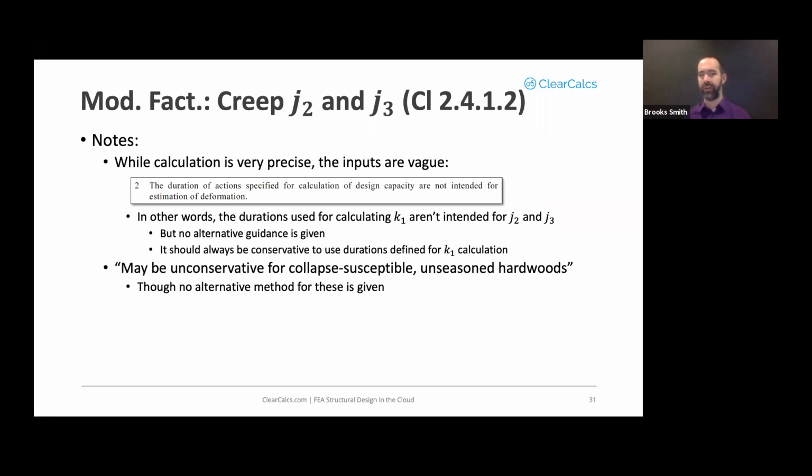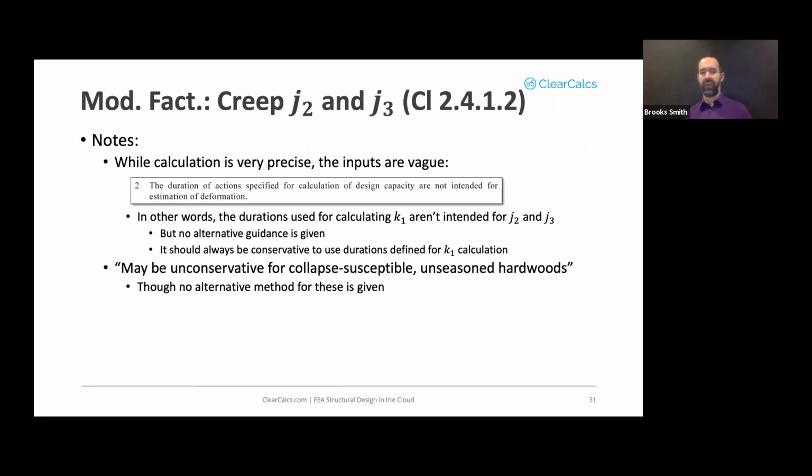So in other words, the durations used for calculating K1 aren't intended for J2 and J3. But the standard doesn't give you any other guidance as to the durations you should actually use for J2 and J3. It just tells you what not to use. That said, it should always be conservative to use the durations that are designed for K1. It may be a bit over-conservative, but you should be safe doing that.